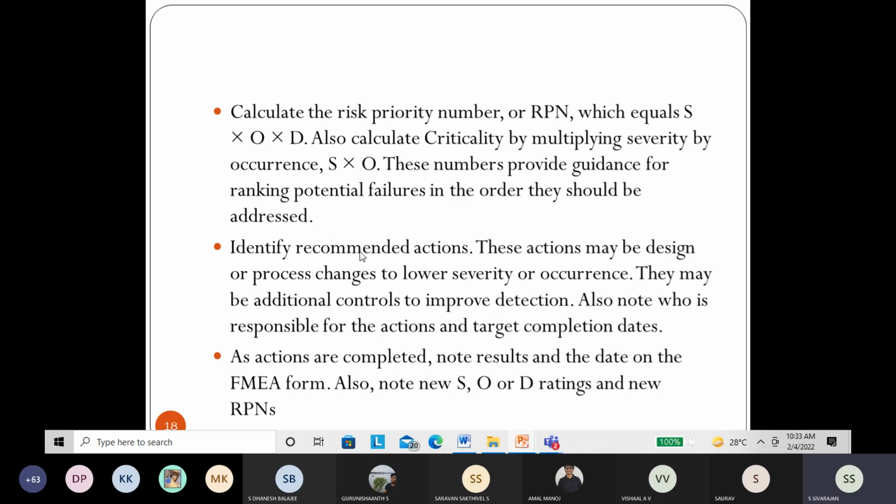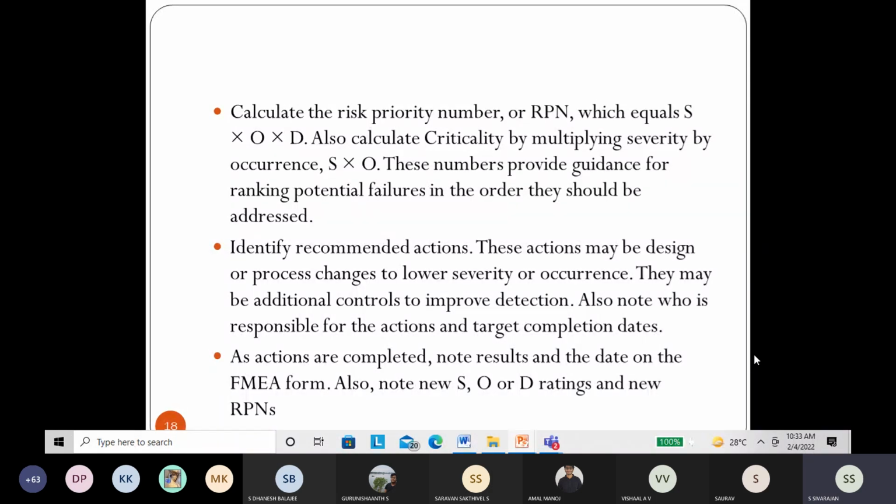Then identify the recommended actions. That's very important. Once you know all the failure modes, for each cause, each effect, and each control, you find out the risk priority. Then you have to recommend what we should do. Maybe in Monday's class, I will give some examples of what recommendations we have to give.